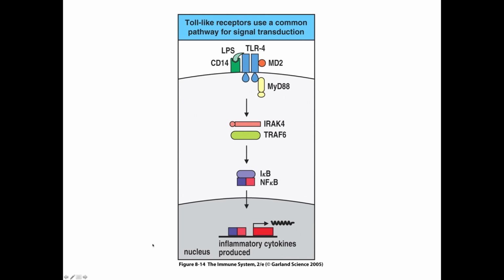Now, you won't have to know this in any detail, but just be aware that when you get these toll-like receptor activations, there is a cascade of signal transduction events that lead to the transcription of inflammatory cytokines and the production of those cytokines that will then further activate immune cells, as well as produce molecules that will tell potentially infected cells to protect themselves, like the interferons.